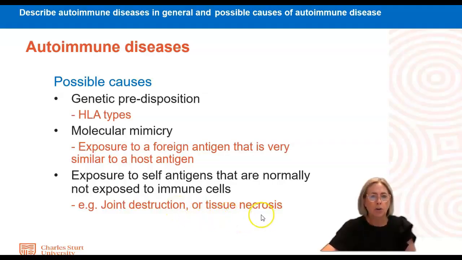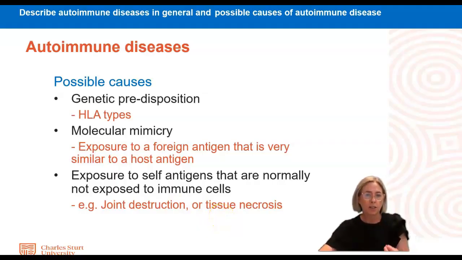Similarly, with tissue necrosis, there are molecules inside cells, again, that the immune system doesn't see. Very often these are inside the nucleus. So when necrosis occurs, those molecules then will enter the plasma, and the immune system has no tolerance to them and therefore will mount an immune response.